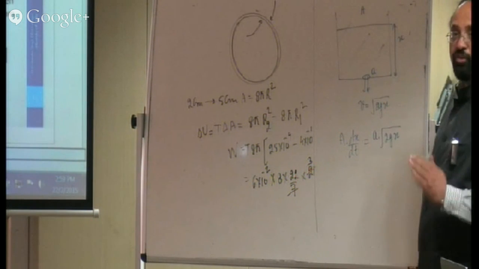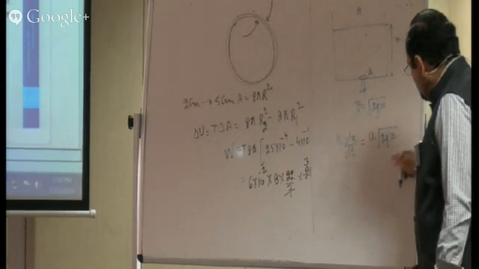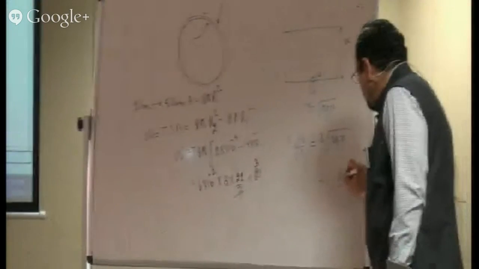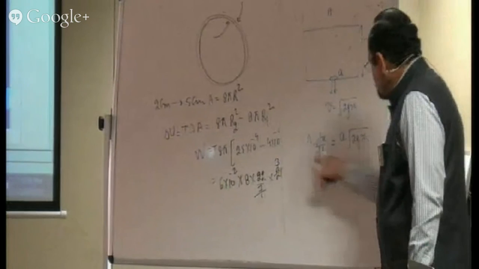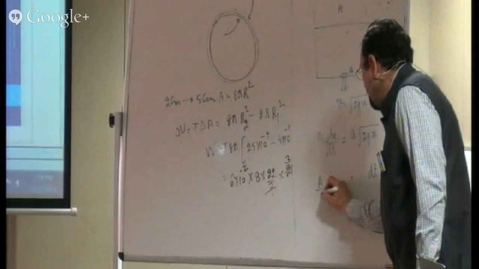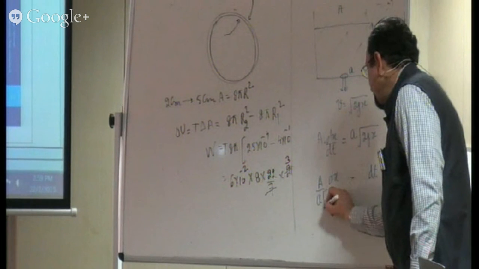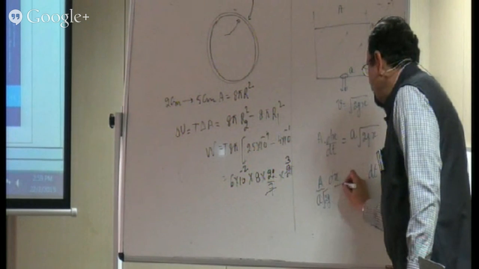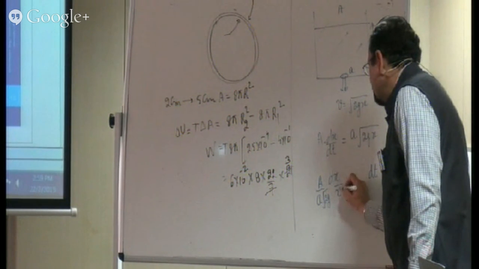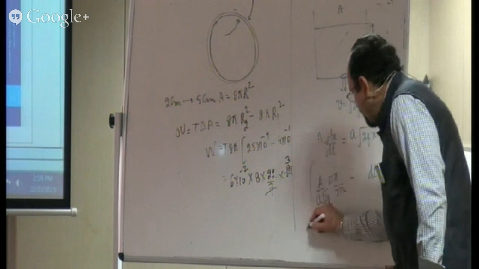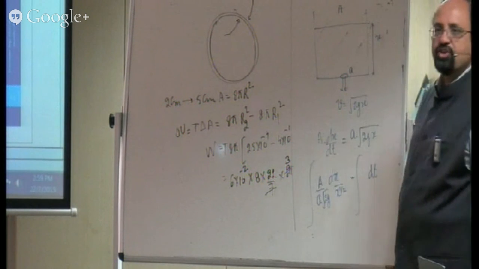Since we are looking for time, you take the dt on this side, and the rest on this side, that is equal to capital A by small a, dx, take the square root of 2g on this side, and the square root of x, that is x to the power half, on this side, and do the necessary integration for it.